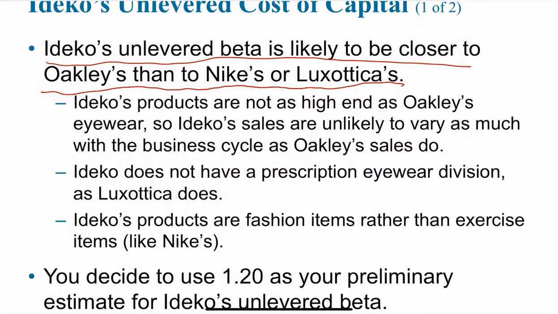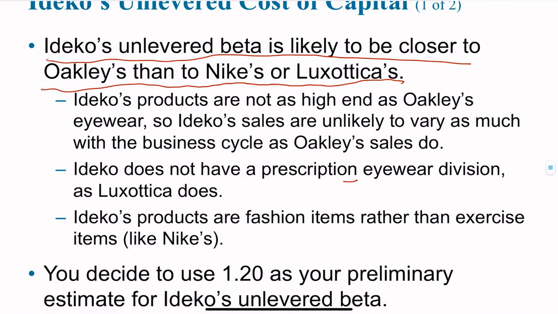And then you would think IDACO's products are fashion items. They are not exercise items. In this sense, this implies IDACO's business is not that similar to Nike's. So basically, you can see that under these 2 arguments, you could say that maybe IDACO is more similar to Oakley's.